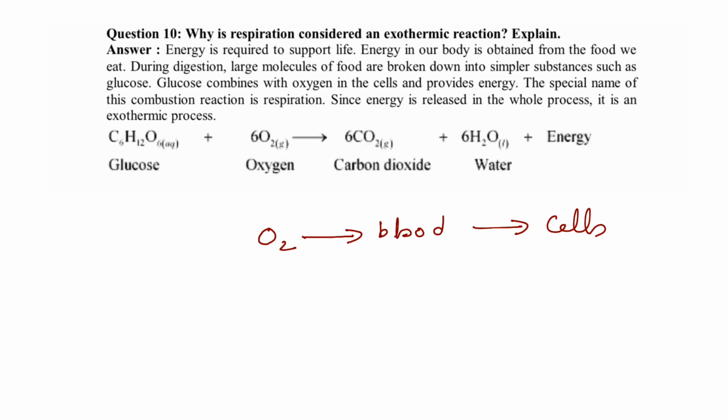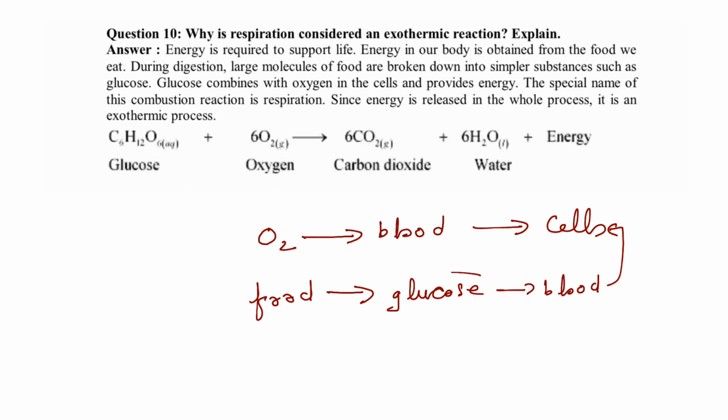And we are eating food, right? The food we eat reaches the stomach. From there, see the glucose. After digestion, the glucose mixes with the blood and that glucose also reaches a cell, correct?